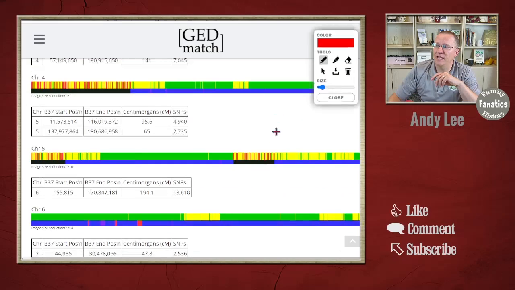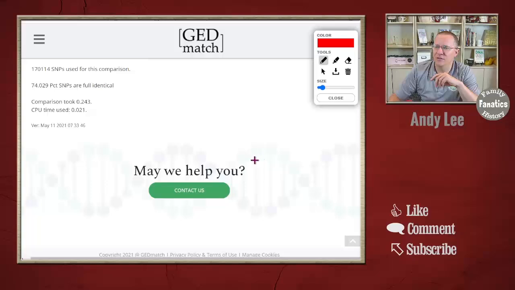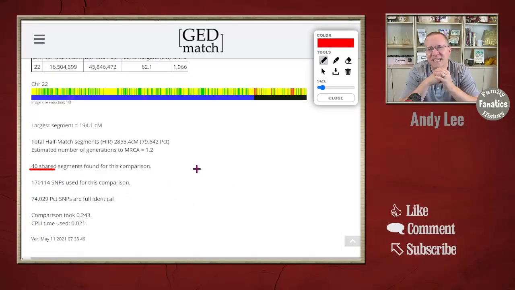But let's go down and look at the total. I've gone now from 57 segments to 40 segments. I haven't changed how much match I have by too much. A little bit, but not too much.